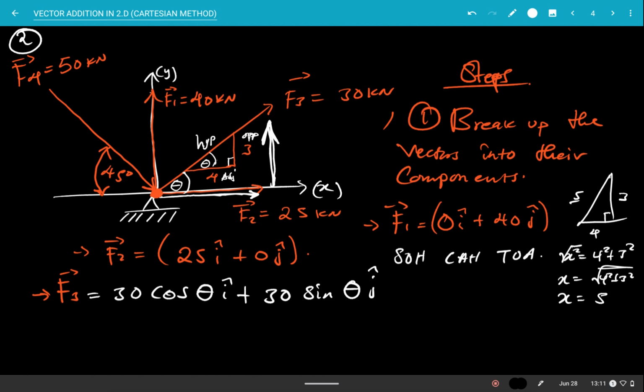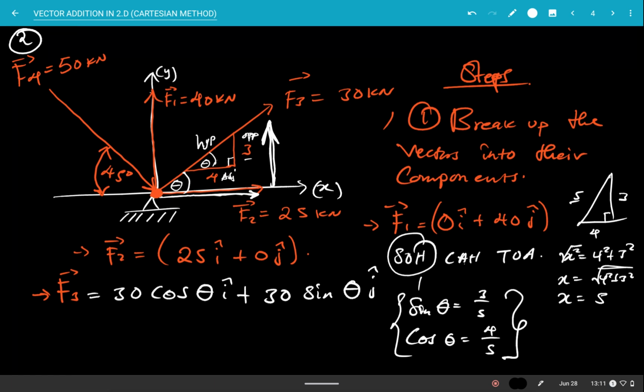So let's try and find the value of sine. From the trig ratios, sine theta is always equal to the opposite, and the opposite here is 3. So we have the opposite 3 over the hypotenuse, which is 5. Then cos theta is always equal to the what? Adjacent, which is 4, over the what? Hypotenuse, which is 5. So these are the values that represent cos theta and sine theta.